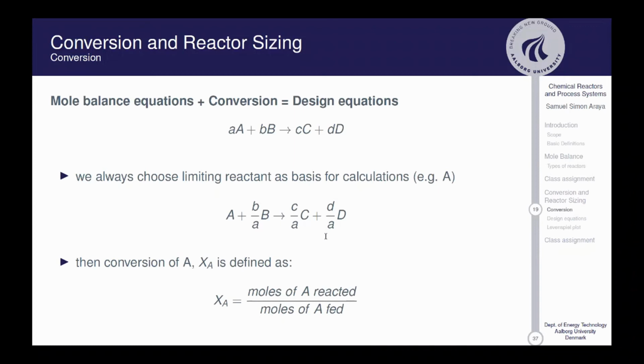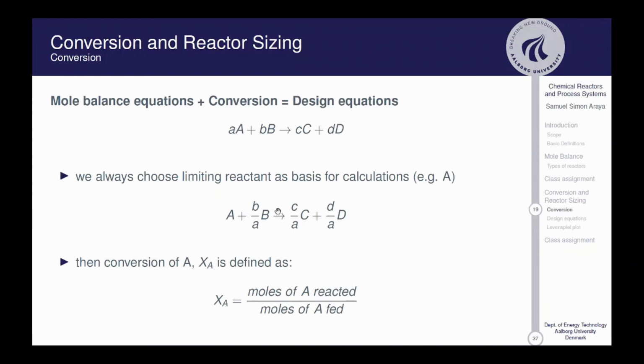Usually there is a mistake that it's easy to make: if this A coefficient was 1 and B was 2, people will just assume that since A has the molar coefficient 1, that will be the limiting one, but that's not true, because how many moles we need is not what defines our limiting reactant. It's just how many of it we have available for the reaction. So anyway, that will become more clear, I think, as we work with examples later.